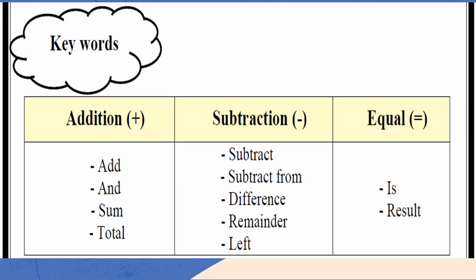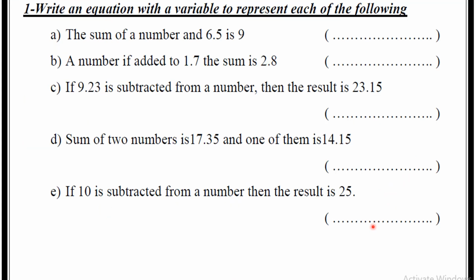And now let's remember the keywords together. If we have addition, the keywords will be add, sum, and total. If we have subtraction or minus, the keywords will be subtract, subtract from, difference, remainder, left. Equal means is or result.